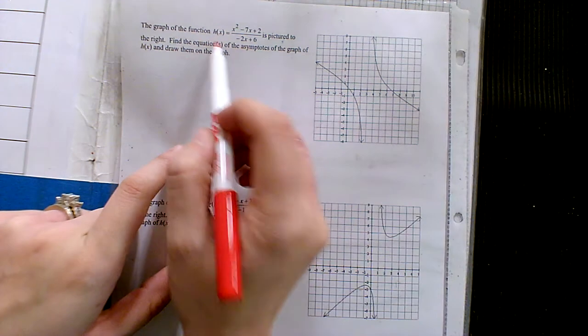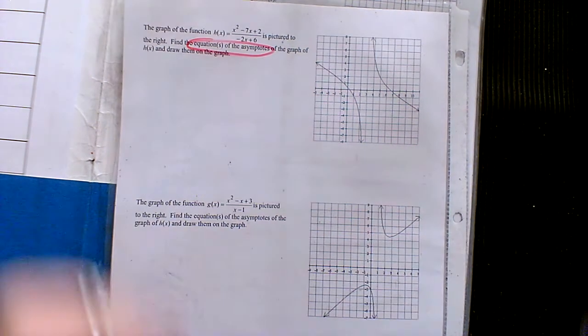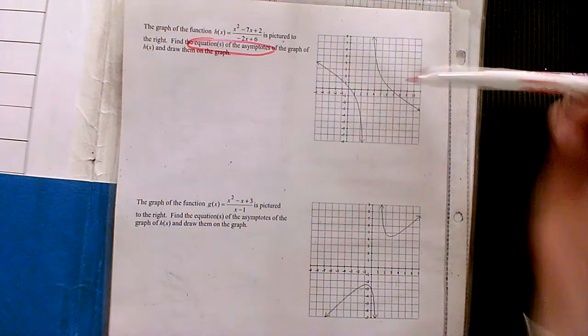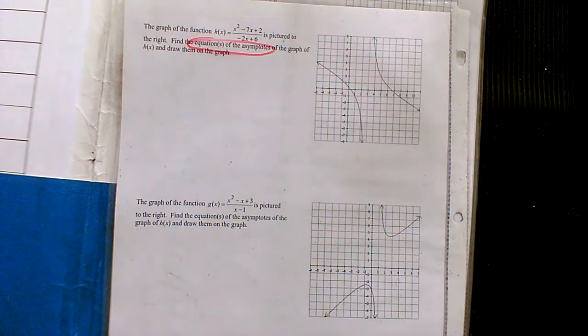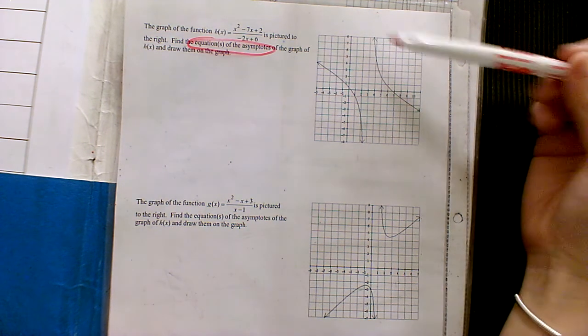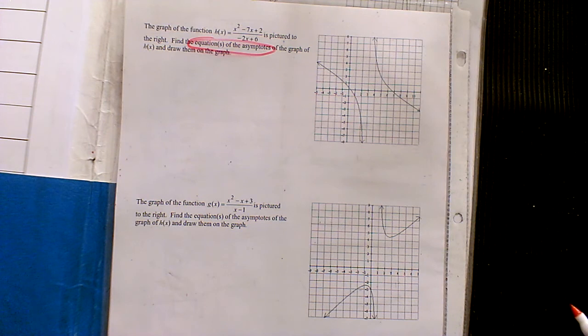Based off this graph, can we find the location of all the asymptotes? This is actually similar to what your calculator would do. Your calculator does not actually show the imaginary dotted lines. So can we figure out where those might be? Sometimes ones are easier to find than others.